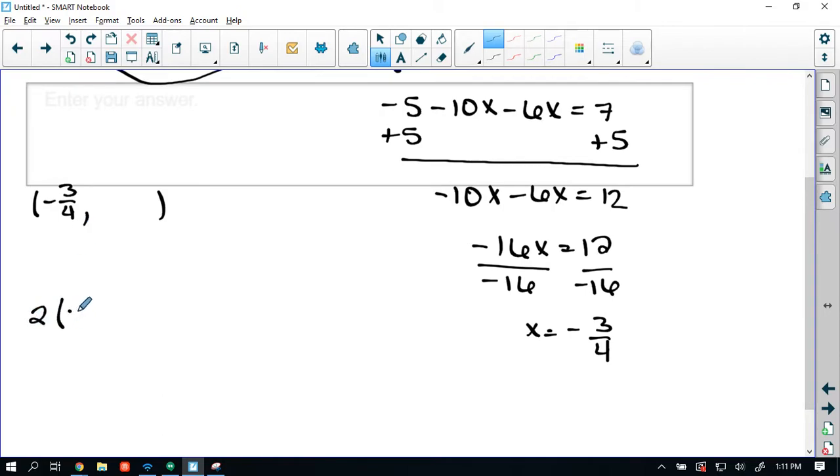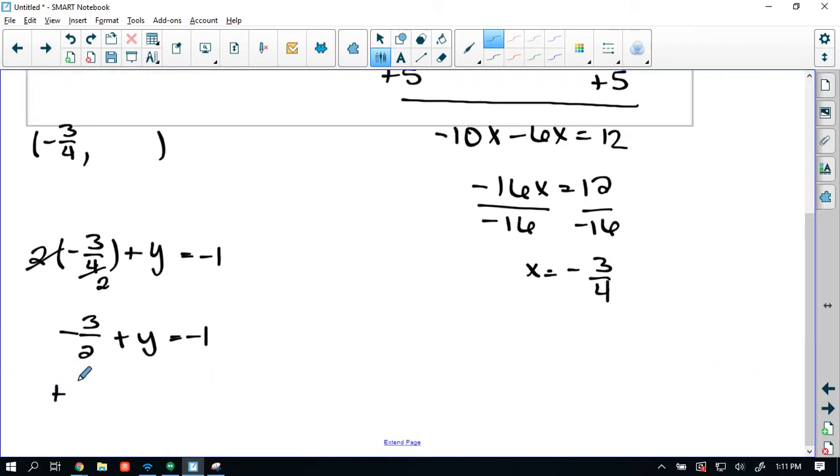So 2 times negative 3/4 plus y equals negative 1. These simplify out to, this will be a 2, so that's negative 3 halves plus y equals negative 1.